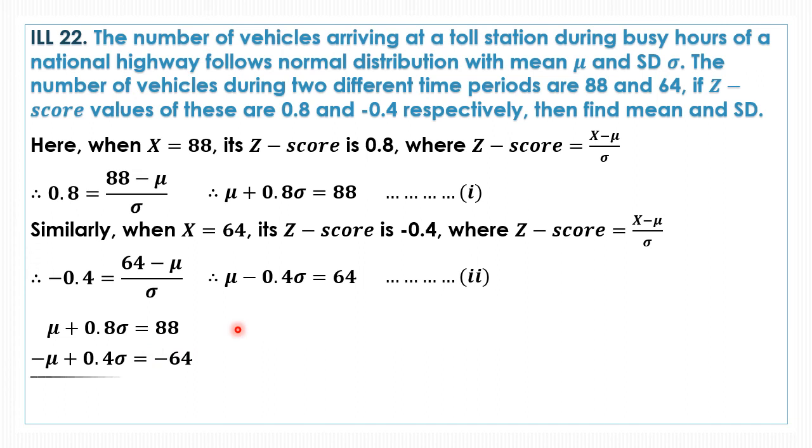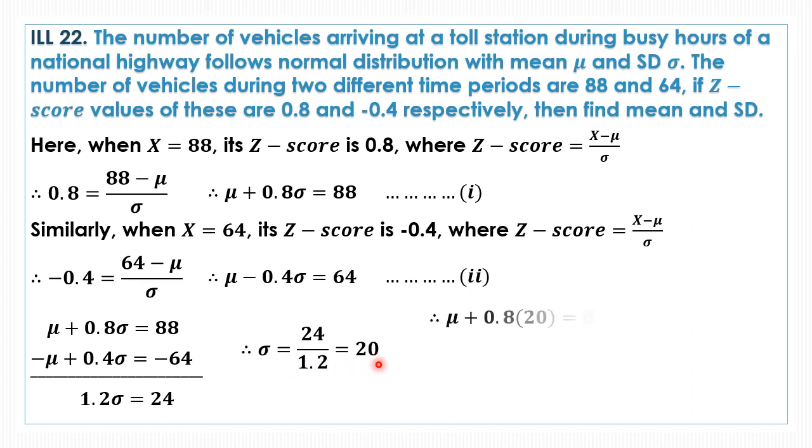Okay, so after underlining them, we get cancelled mu, 0.8 plus 0.4, that is 1.2 sigma. 88 minus 64 is 24. So 1.2 sigma is 24. So when we take 1.2 in the division here, we get sigma as 24 upon 1.2, that is 20. So sigma is taken as 20.